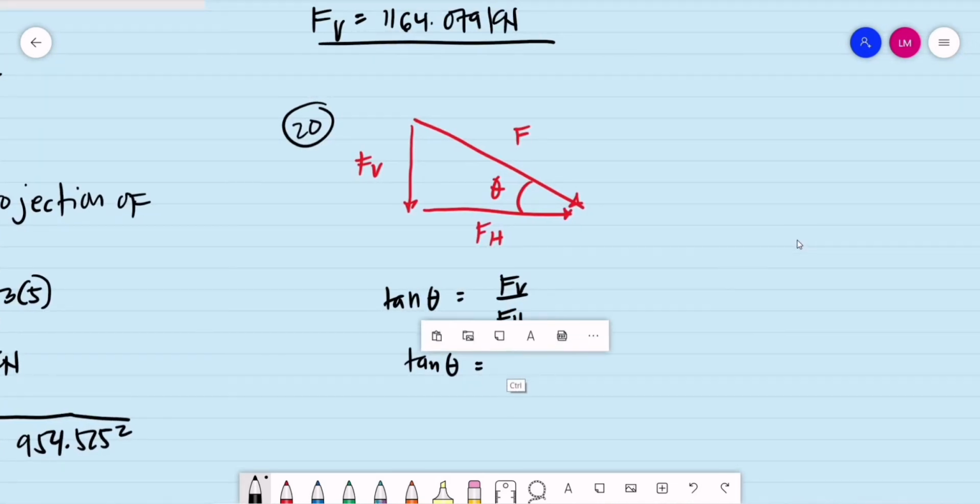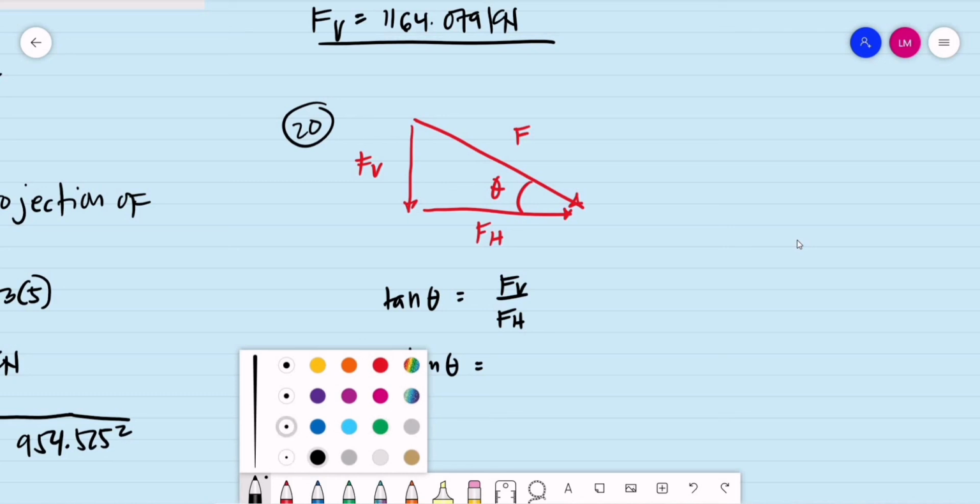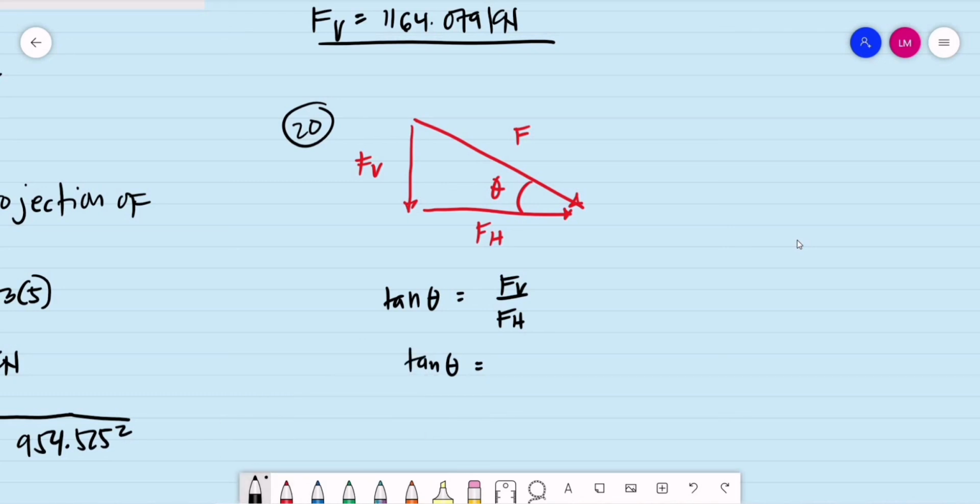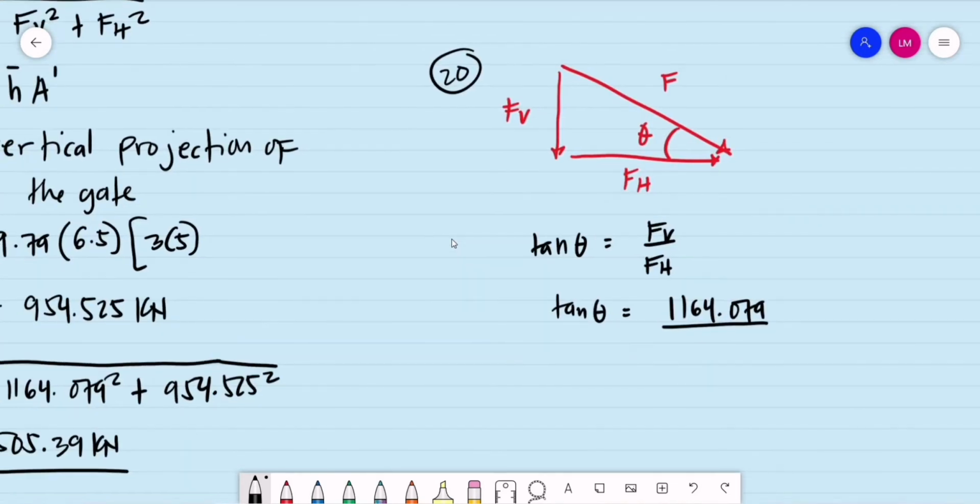We have the tangent of theta is now equal to F sub V, that is 1,164.079 kilonewtons divided by yung nakuha natin kanina na horizontal component, 954.525 kilonewtons. So, kunin natin yung angle.